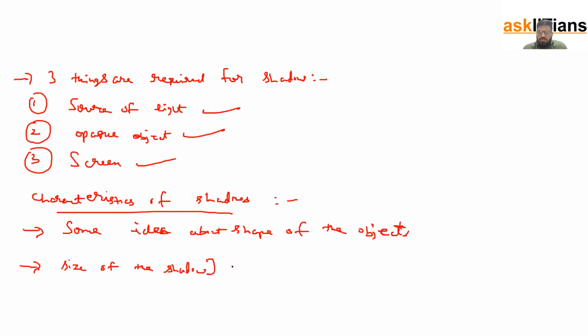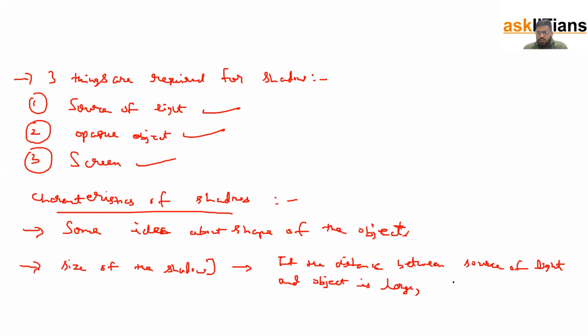We are concerned about the size of the shadow, that if the distance between source of light and object is large, the shadow will be smaller. And what is the reverse case?